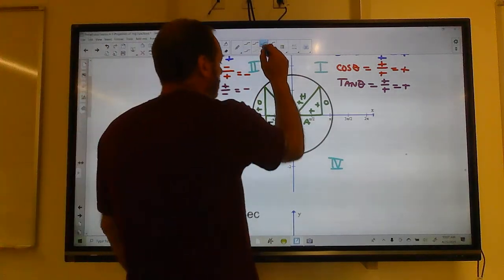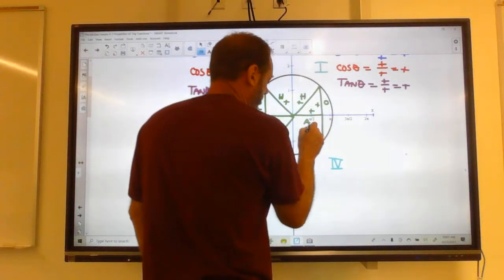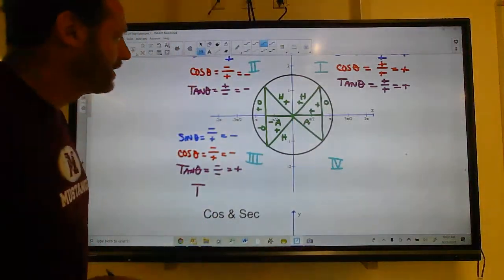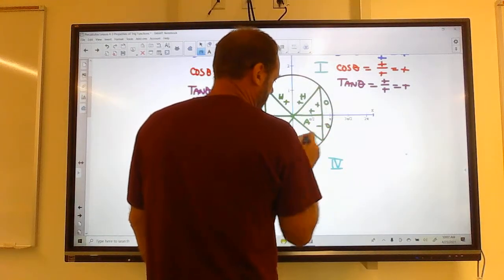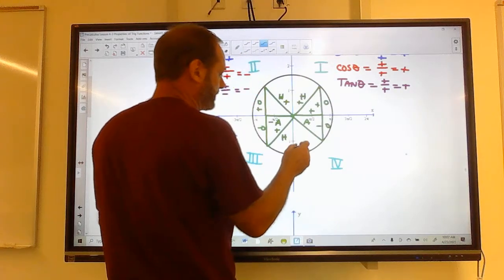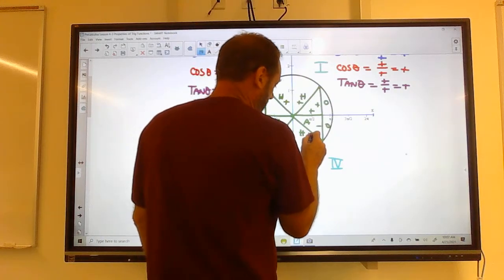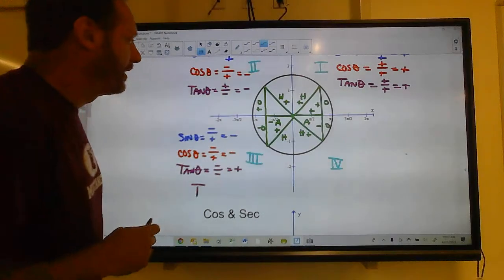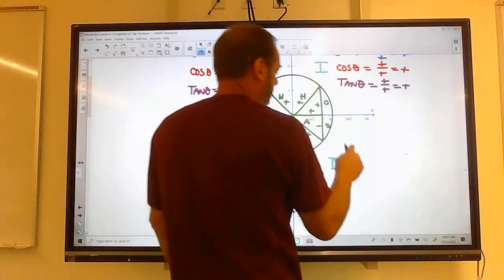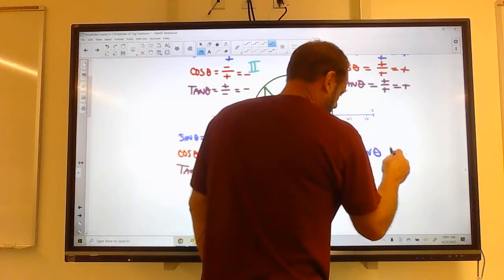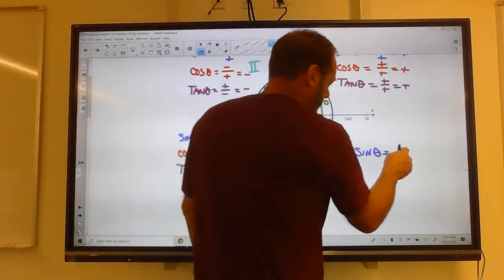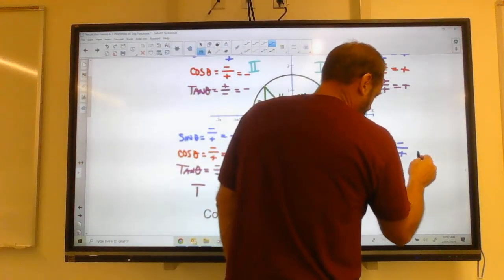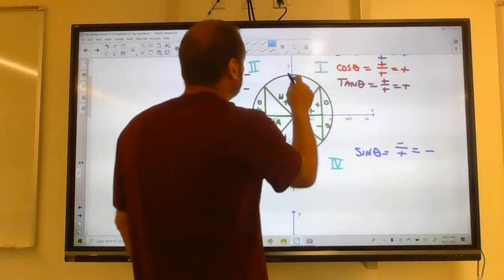Now let's look at the fourth quadrant here. So the adjacent is positive, the opposite here is negative, and the hypotenuse is again positive. So we look at our sine. Our sine is negative over hypotenuse, so negative over positive, so that's negative.